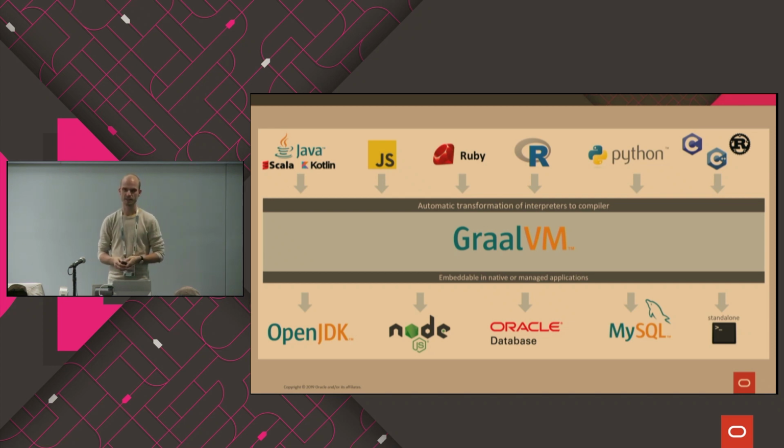GraalVM also runs inside the database, the Oracle database or MySQL, for example. And with GraalVM native image, you can also compile any Java application and any of these dynamic language interpreters or the LLVM bitcode interpreter into a standalone binary.